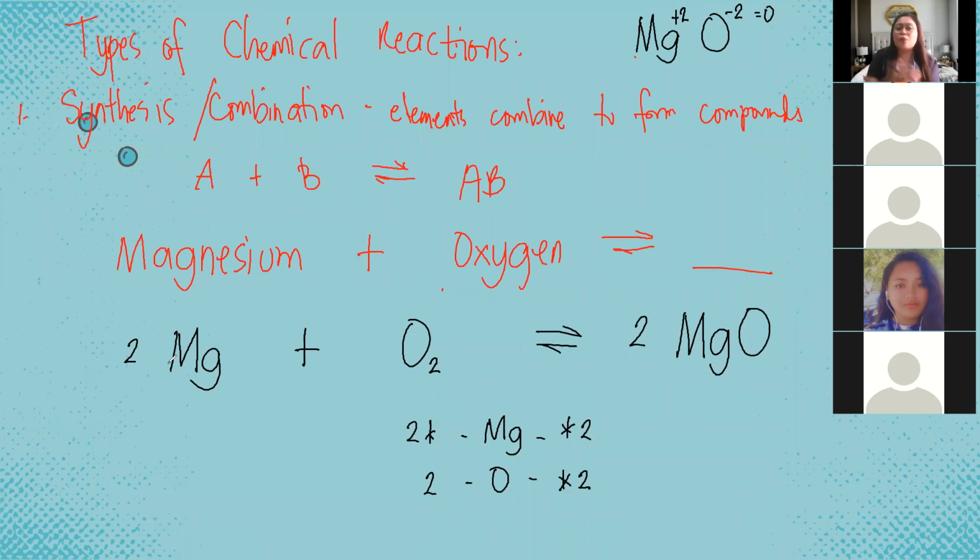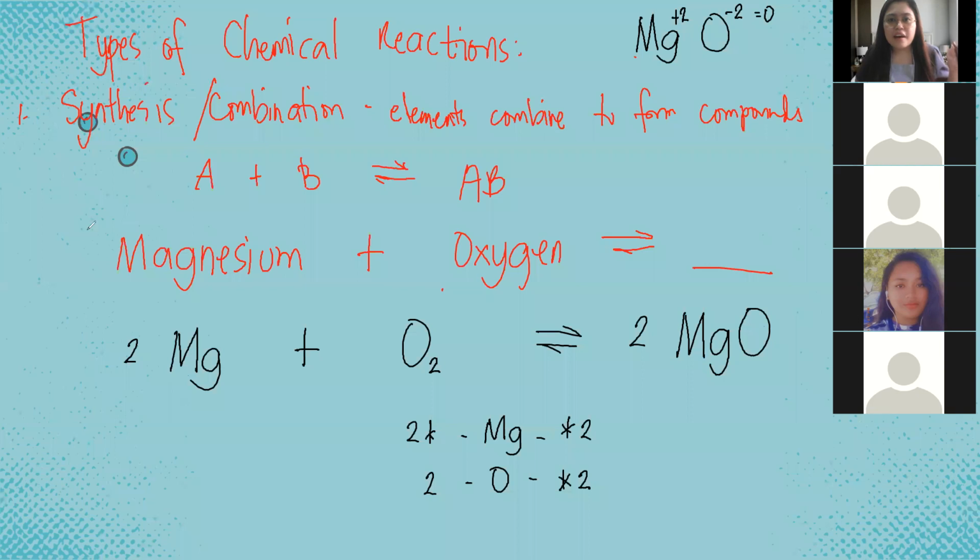That is counted as 1 molecule, pero sa isa ka molecule ni oxygen na siya duha ka atom to produce 2 molecules of magnesium oxide. Again, the chemical reaction here is called synthesis or combination reaction because we have here elements combining to form compounds.